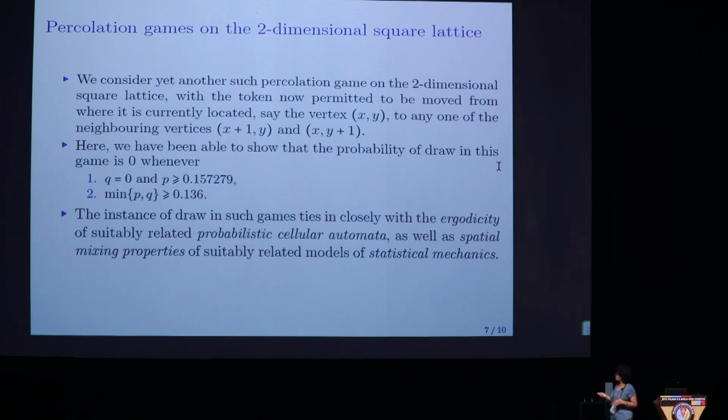So I just want to mention that this kind of question, the instance of draw in this kind of games, ties in very closely with something called ergodicity of probabilistic cellular automata or probabilistic tree automata, whichever structure you are studying the game on, whether it's lattices or trees.